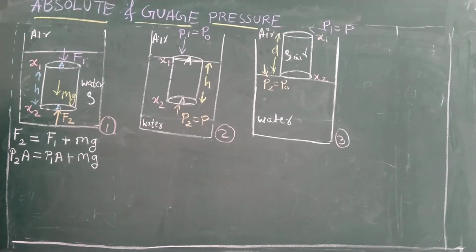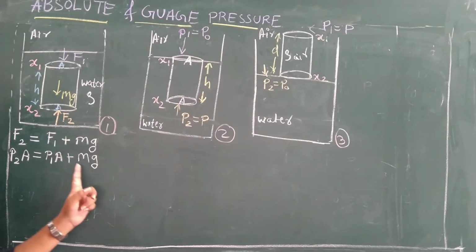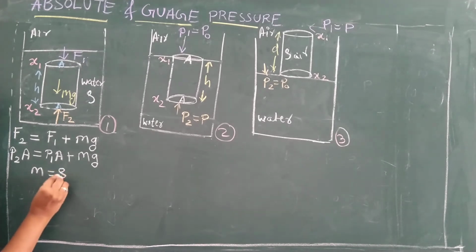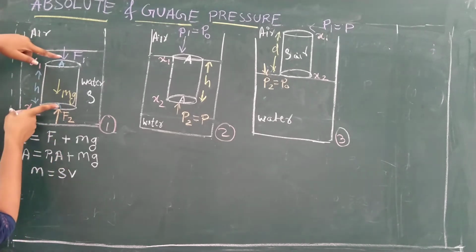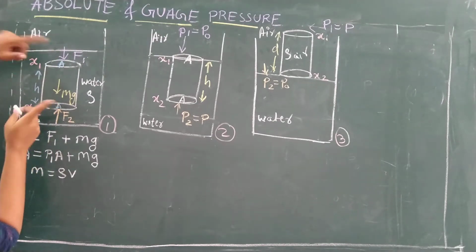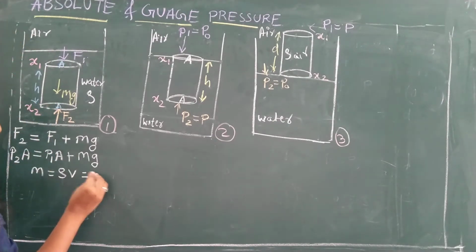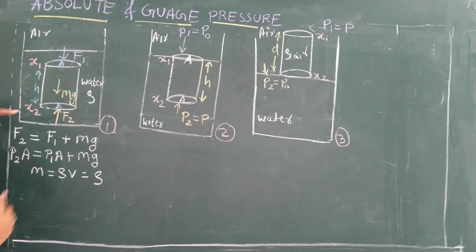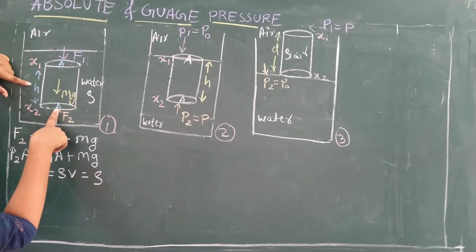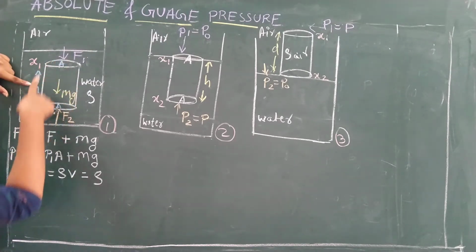Now, as we know the formula of density, that is density is nothing but mass upon volume. So, mass can be written as density into volume. Now whatever volume here we are considering, this volume is nothing but the volume of this liquid column. So here the volume of this liquid column can be written as rho as it is, this cross section area A into h will give me the volume of this imaginary liquid column.